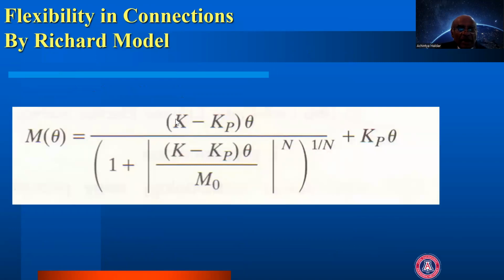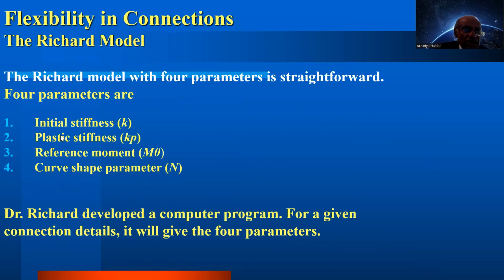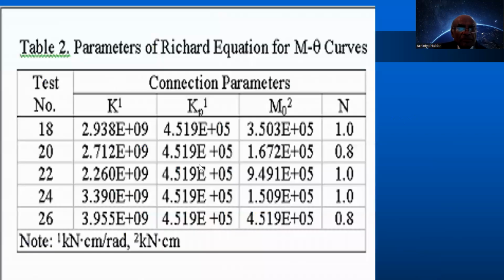This is the 4 parameter model I am showing here. They would look like this: initial stiffness K, plastic stiffness Kp, reference moment M naught, and curve shape parameter N. Dr. Richard developed a computer program. For a given connection detail, it will give you the 4 parameters you're looking for.